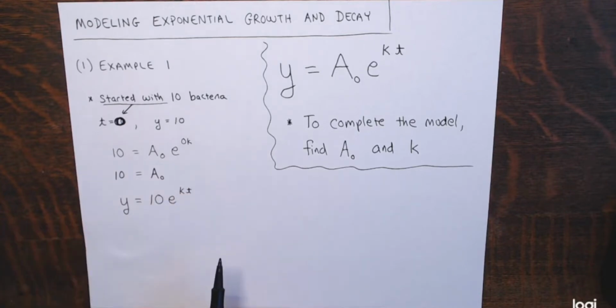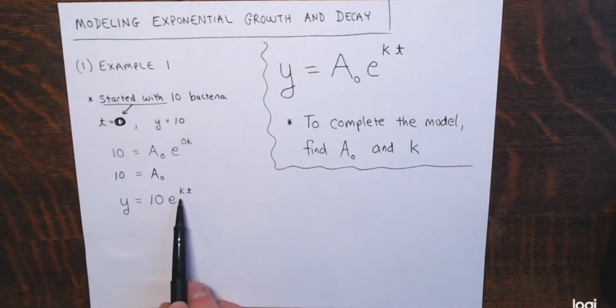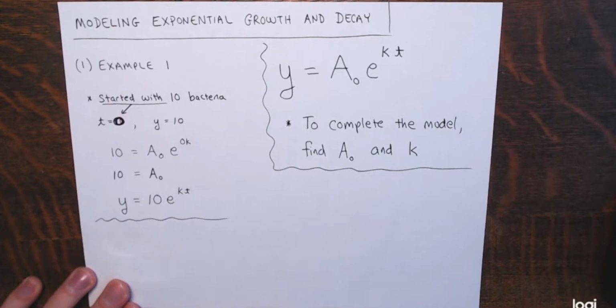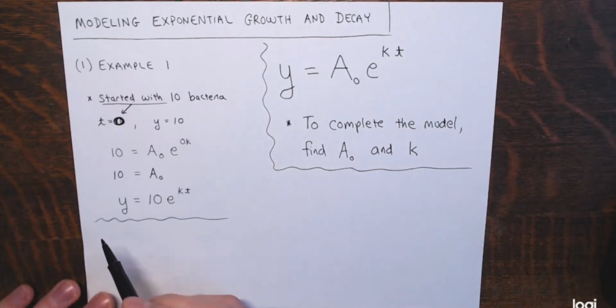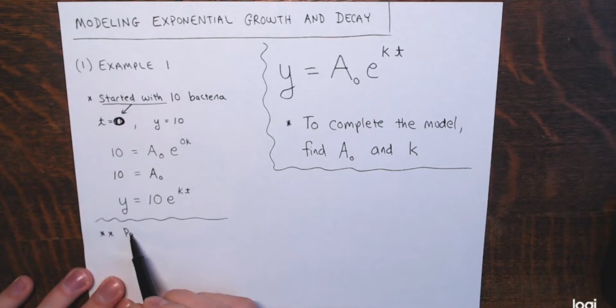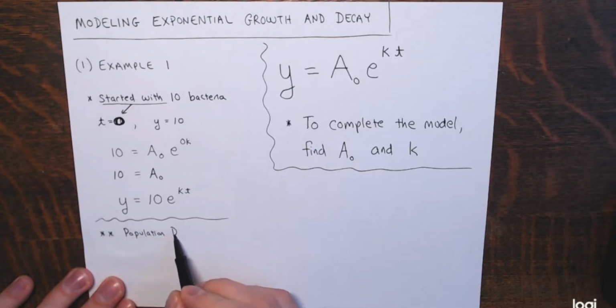All right, now all that's left is to find k. And that's where the other bit of information comes in. The only other thing we were told was that the population, the amount of bacteria, doubles each hour.